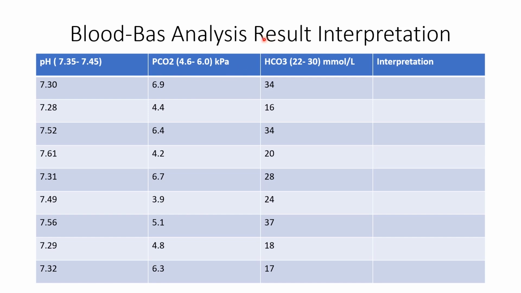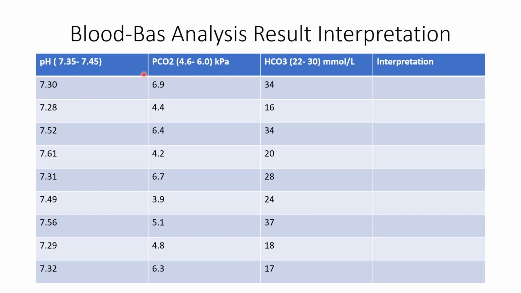Lastly, we have the bicarbonate, which is the metabolic component of the result, and normally should range between 22 and 30 millimoles per liter. So any value below 22 is acidosis, and any value above 30 is alkalosis. Now, looking at the first example here, the pH of the patient is 7.30, which is low and is acidosis.